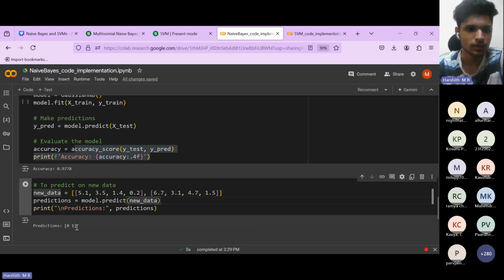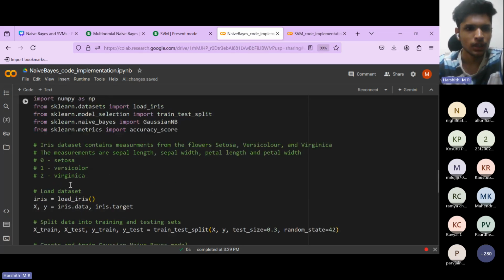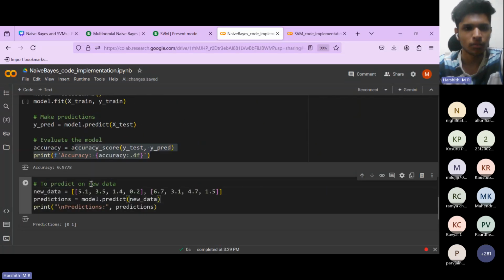Let's check what class 0 belongs to. It belongs to Setosa and class 1 belongs to versicolor. So our model predicts it correctly. This belonged to Setosa and this belonged to versicolor originally. So our model did a good job in getting the predictions. So this was about naive Bayes.